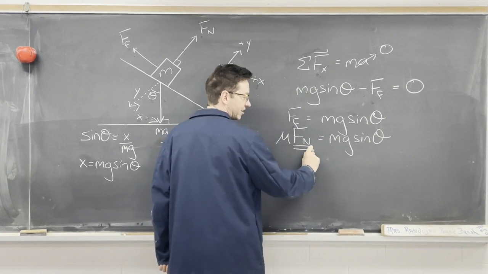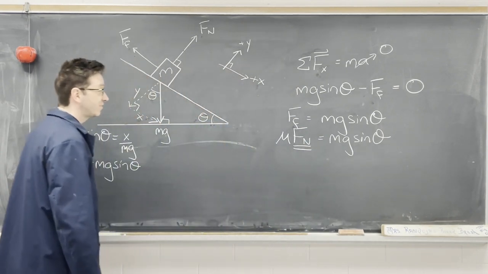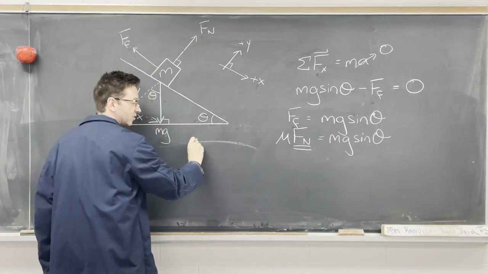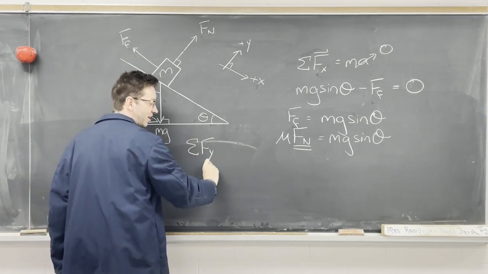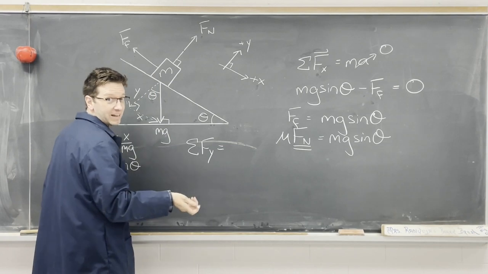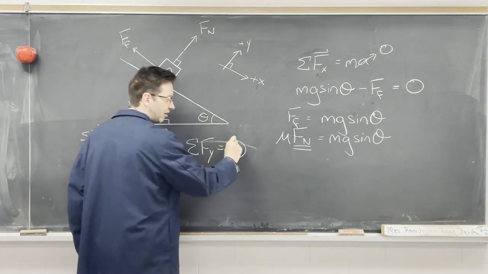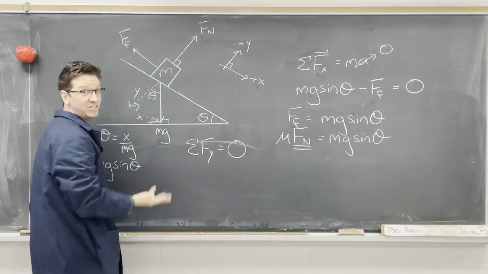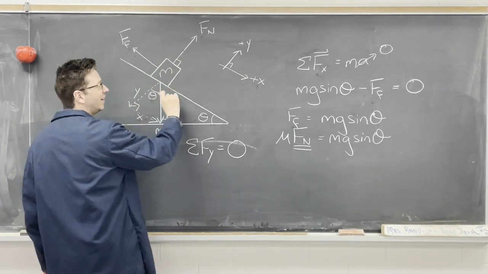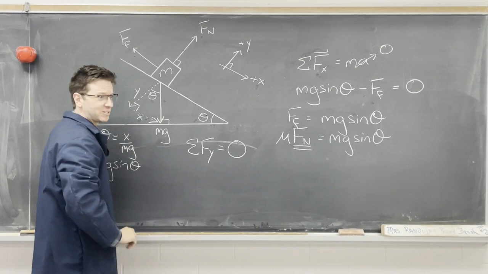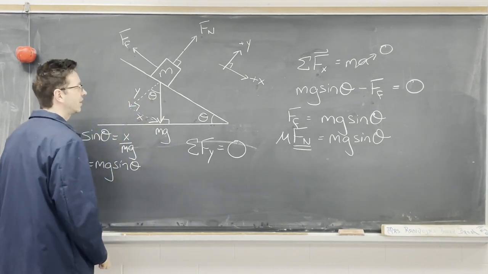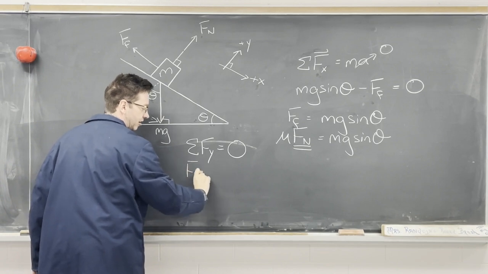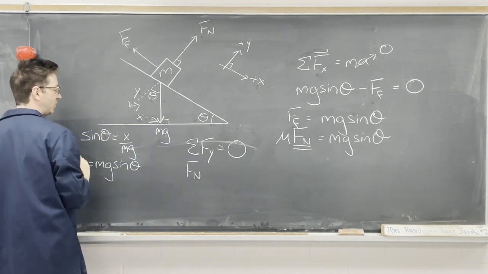But what is Fn? To figure that out, we're going to have to analyze our y component. The sum of all forces in y equals, again, mass times acceleration. But that's going to be 0, because acceleration in this component is also 0, since we don't want the object flying off the ramp for some reason. That's not going to happen. So we have the normal force in our positive direction, and this component of gravity.